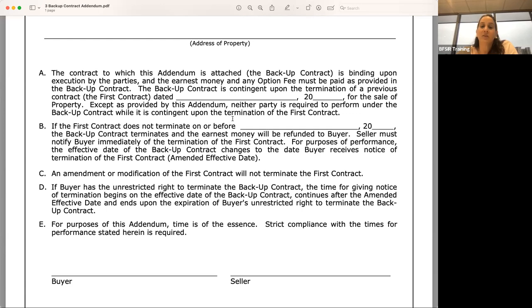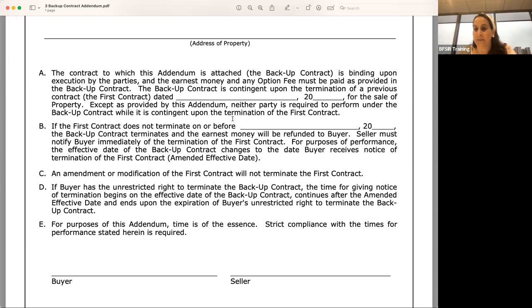Yeah. I mean, as on the listing side, you have to be super mindful when you're negotiating backups that it's quite possible that your first one will fall out and your seller is stuck with these terms. So make sure you actually negotiate it and you care, and that you're not just saying, well, let's put it in backup so that we have leverage, because that has happened before where they did a backup to make sure that the first one stuck and then it didn't.